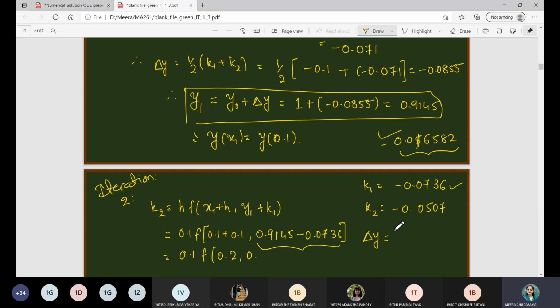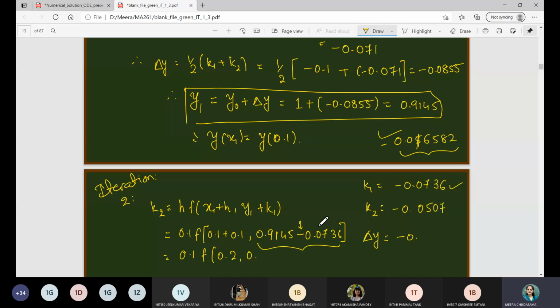Those who have computed the increment delta y, what are you getting? Ma'am, now I am getting minus 0.05071. Okay. It means you have taken the positive sign somewhere, some mistake you have done.